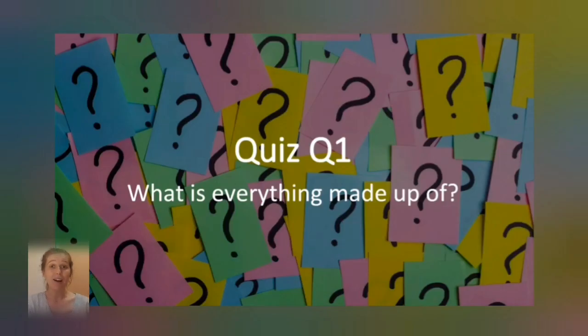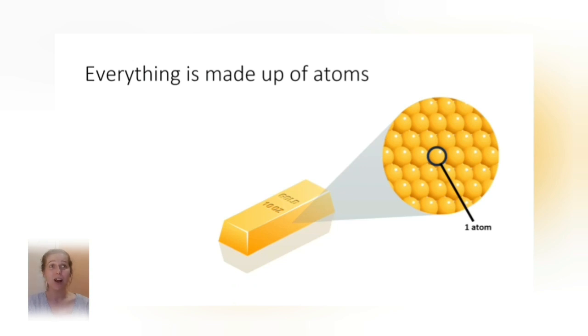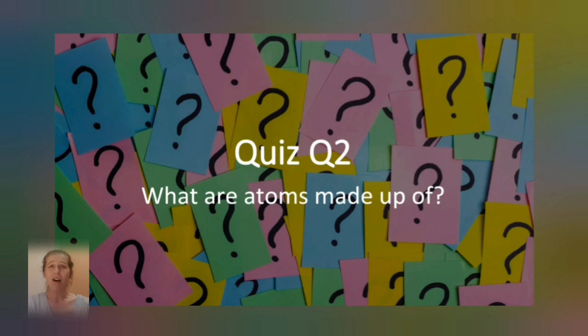So I'm going to be asking you questions throughout the lesson, so please do pay attention and see if you can answer them. So what is everything made up of? Everything is made up of atoms. And what are atoms made up of?